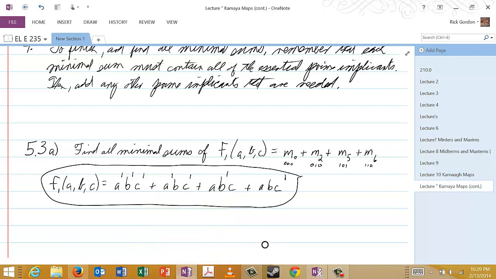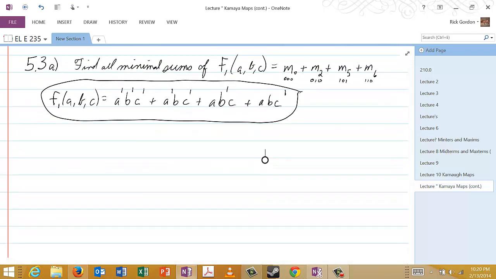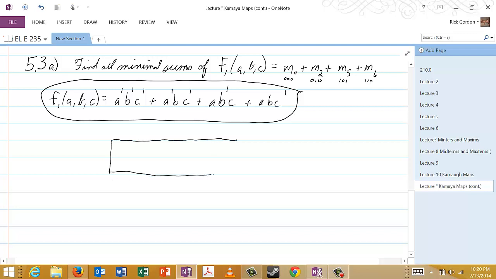And we want to now use the Karnaugh map to write that function more compactly. So let's proceed. As usual, we begin by noting that this is a function of 3 variables, and therefore the Karnaugh map will have 2 to the 3rd power, or 8 cells.